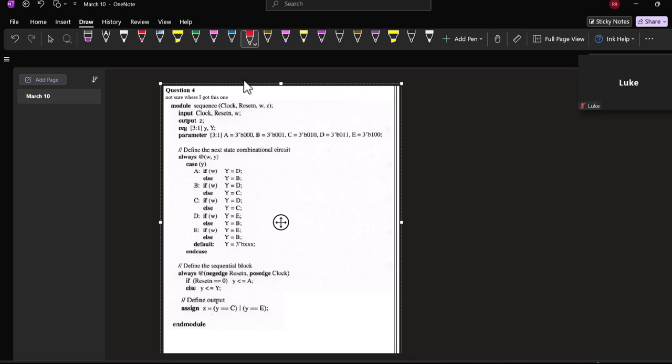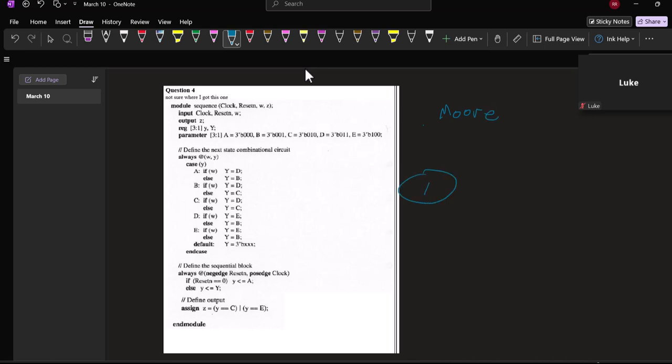and we see that our output is being defined outside of this always block, so that gives us the idea that this is probably a Moore machine. And when I look at my output, I see that Z equals Y equals C or Y equals E. That tells me that it depends only on the state, not on the input, so this is in fact a Moore machine.